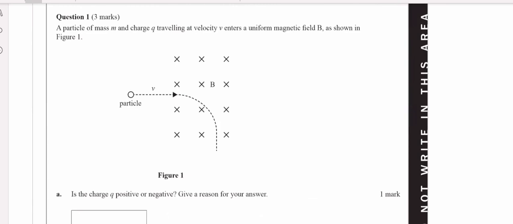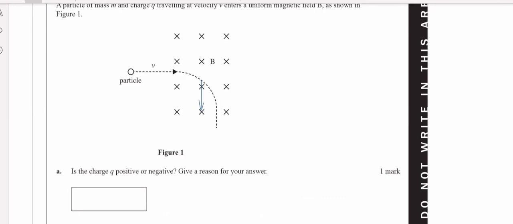Should the charge be positive or negative? So you know the direction of this force, and we need to figure out if Q is positive or negative.